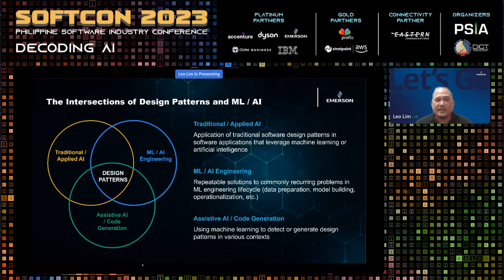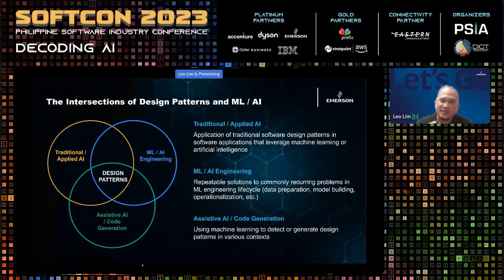So before I go into that, let's look at the intersection of design patterns and machine learning or AI. I'm not going to define machine learning or AI here. There are going to be lots of definitions, but really we're just talking about the context of machine learning here and the application thereafter, which we can call AI. So here in the yellow circle is what we call the traditional or applied AI instances of design patterns.